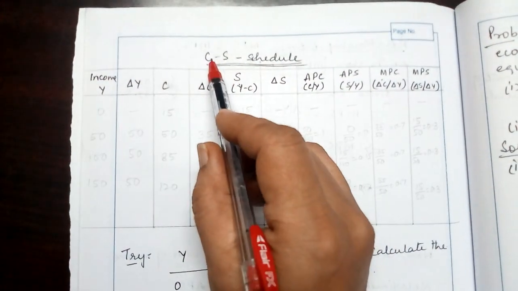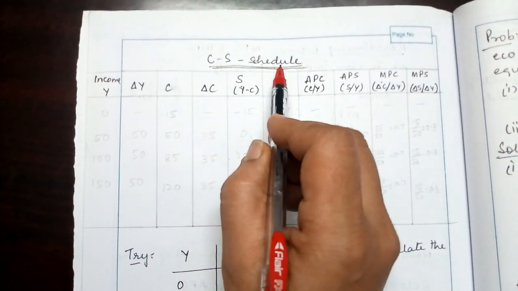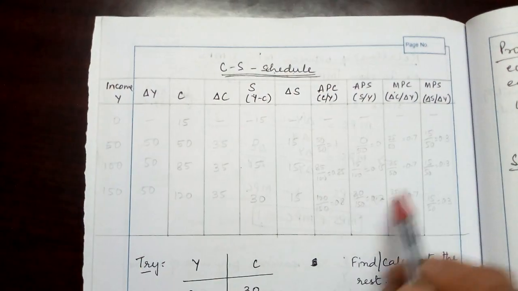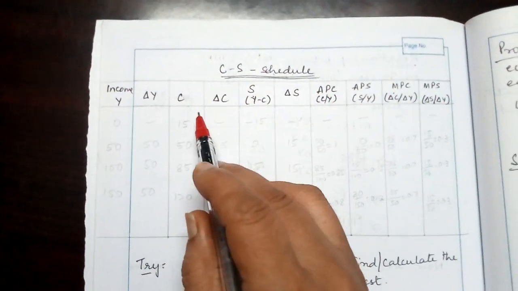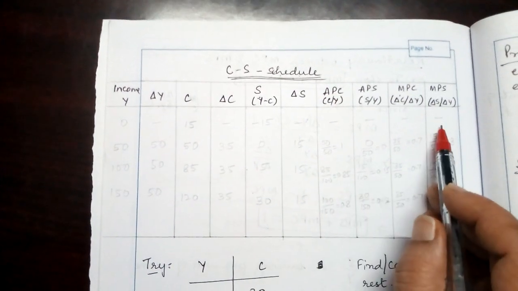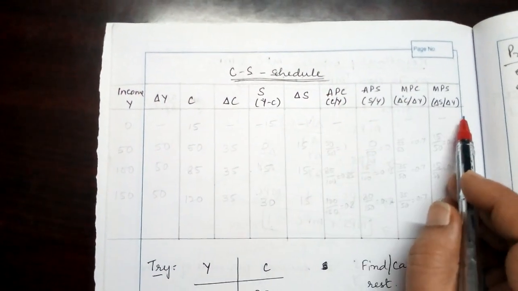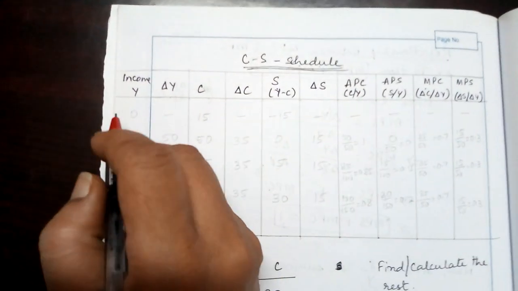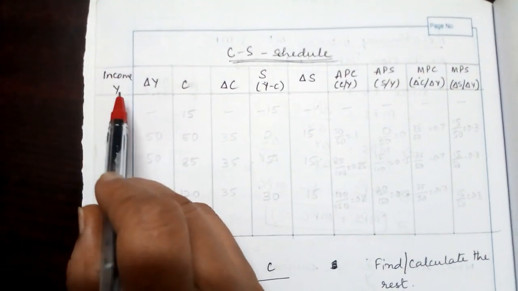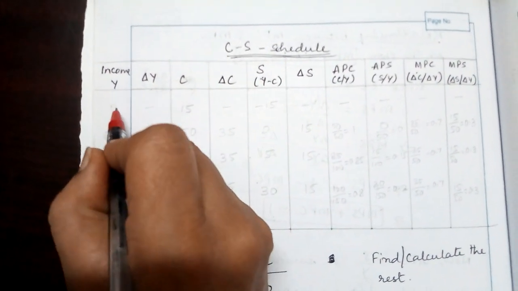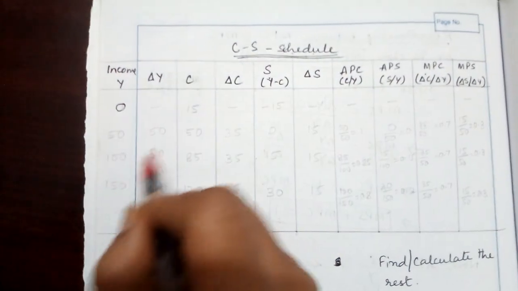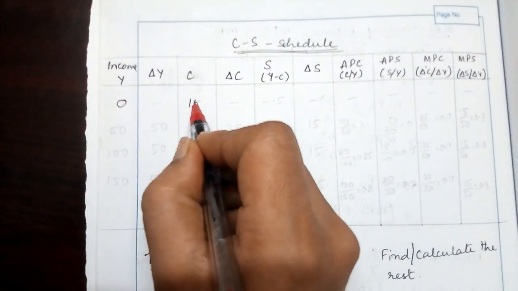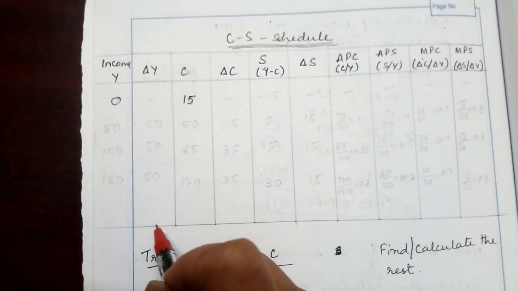Now this is a consumption saving schedule. What does it tell us? It will tell us how to calculate the various components. Now we have income at 0, consumption at 15 units.